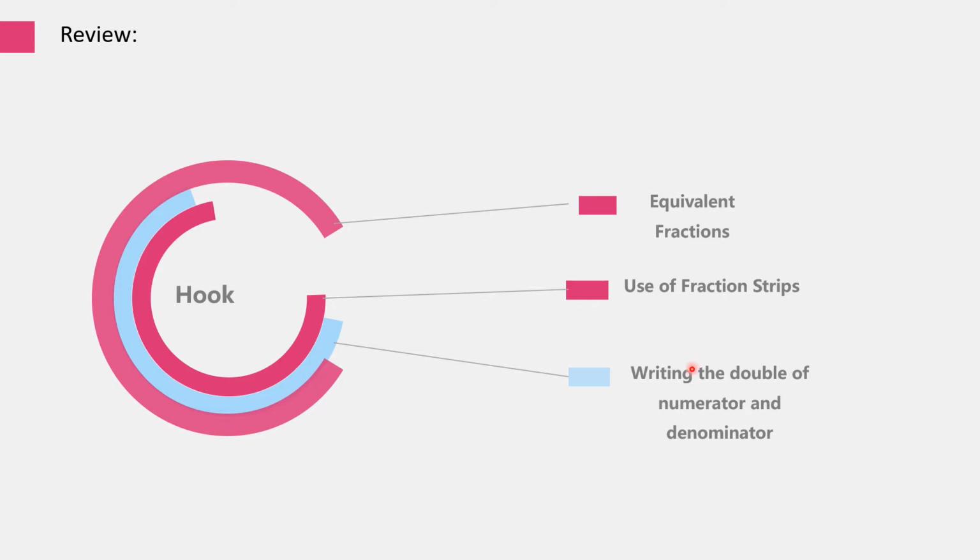And then we found out that in many fractions, when you have to write an equivalent fraction, you just double the numerator and denominator. But sometimes you have to take help by using fraction strips.